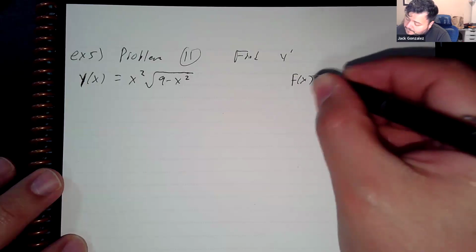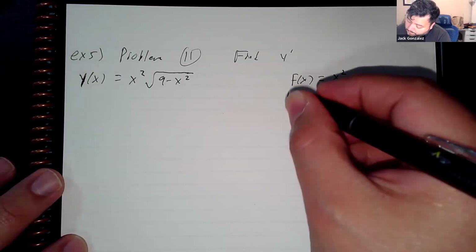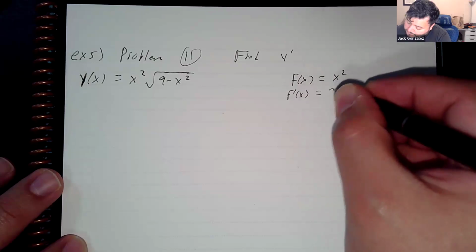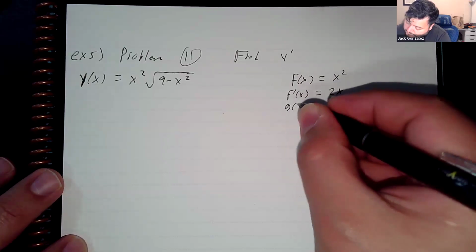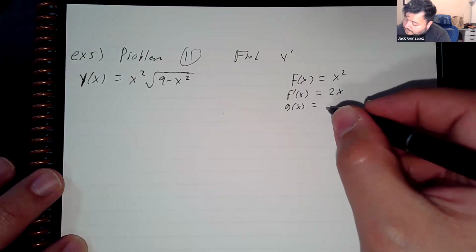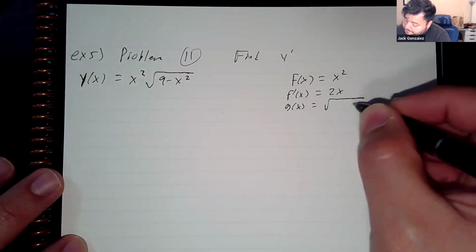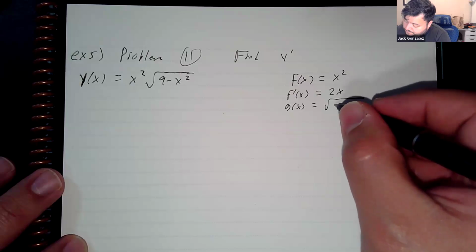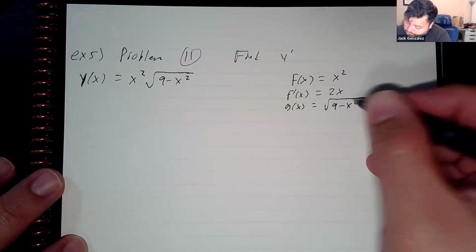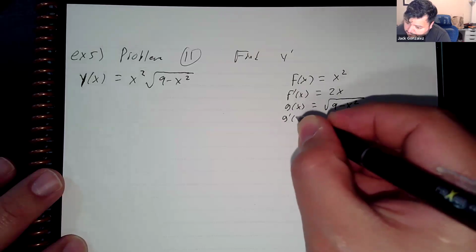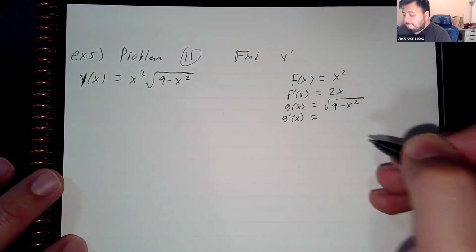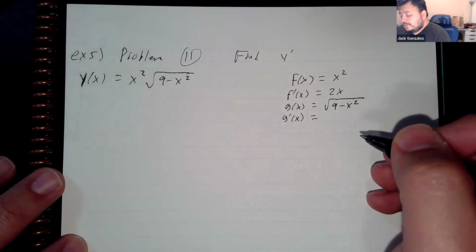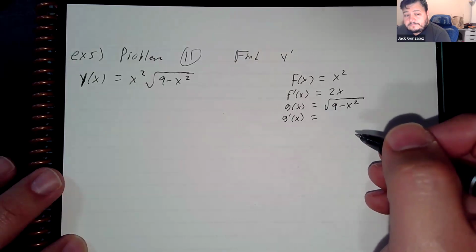All right, so let's call f the x squared. F prime would be 2x. G is the square root function. But G prime is going to be the difficult part.